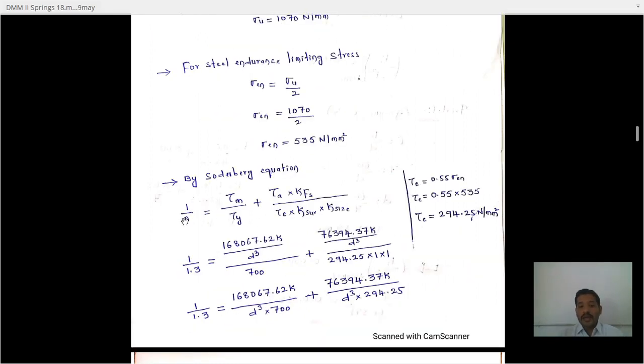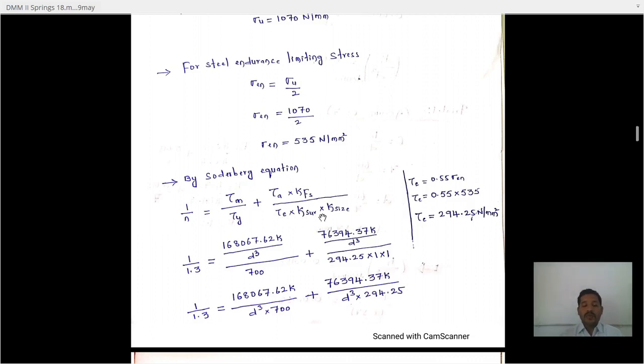So 1 by n, where n indicates the factor of safety, is equal to the mean stress tau m by tau y, the yield stress, plus the variable shear stress into K, the Wahl's factor, into Kf, the stress concentration factor, by tau E. So endurance shear stress into K surface finishing factor into K size factor.